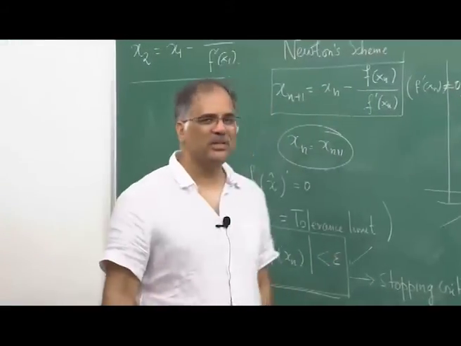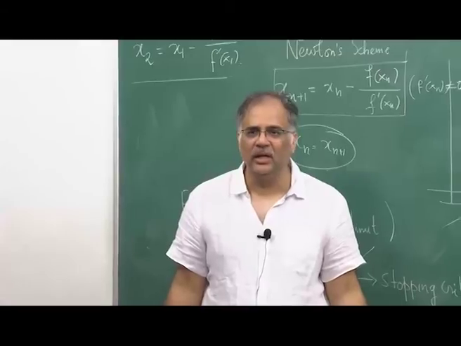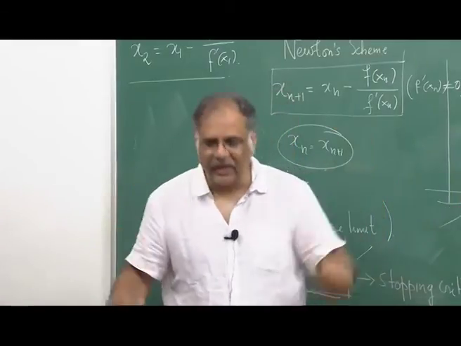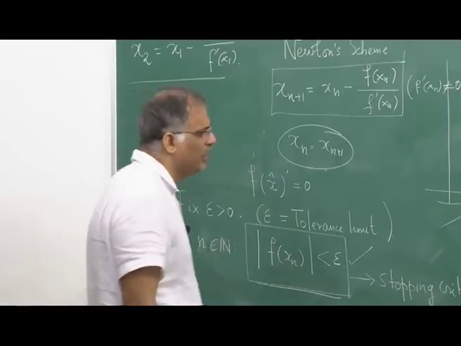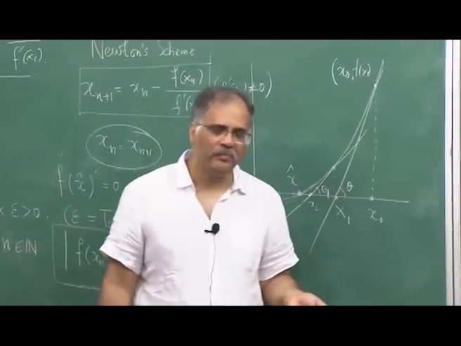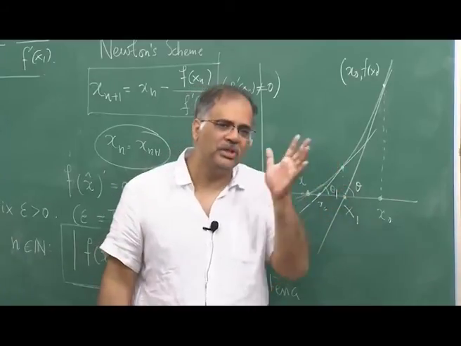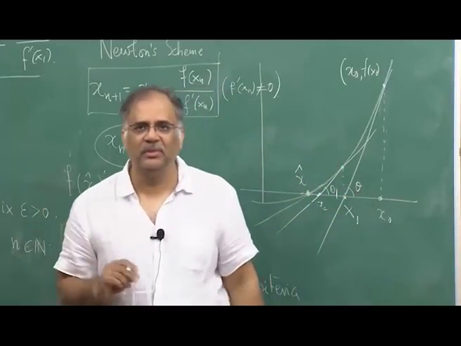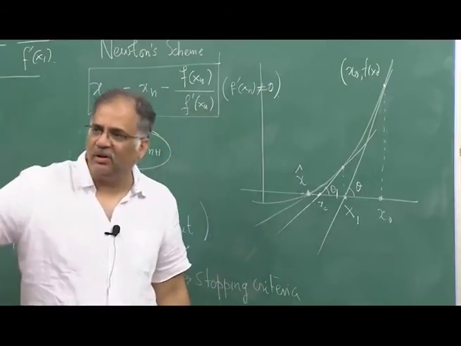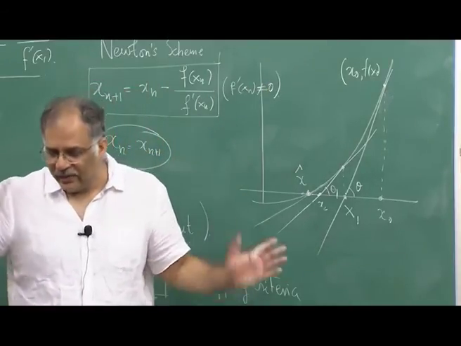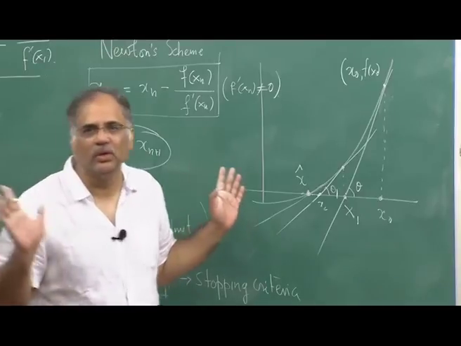Now you might say, what is the use, how do I know a delta around x hat, I do not know my x hat. So here again it is guess and test. This is the art of actually computing: you start with an x naught, and if you see that you are not converging after a long time, then you understand something else has happened, and you change your x naught. Another way, with mathematical software, is to graph the function and then try to guess where you want to start.